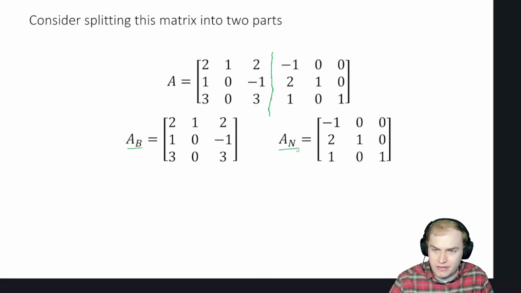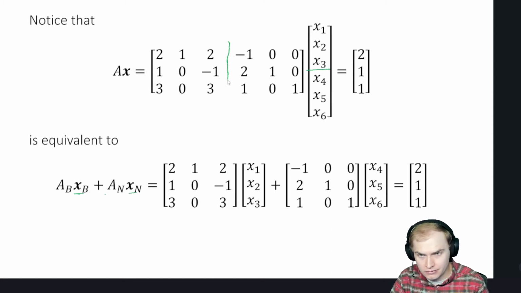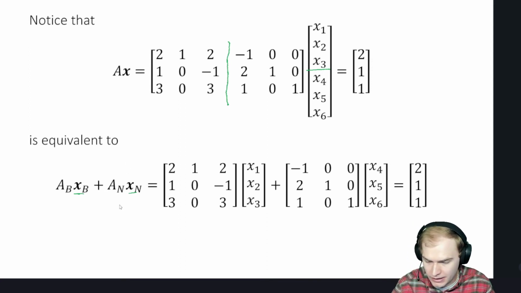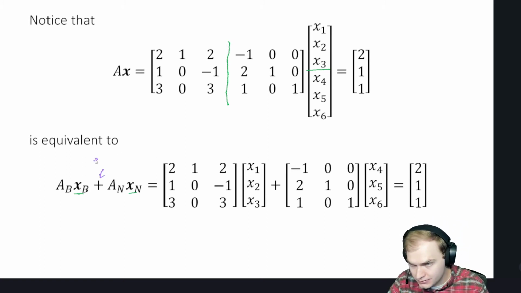And we're going to notice that if this were an equation, we could still perform this operation, but we also have to split our variables down the middle as well. And note that these plus signs are element-wise.